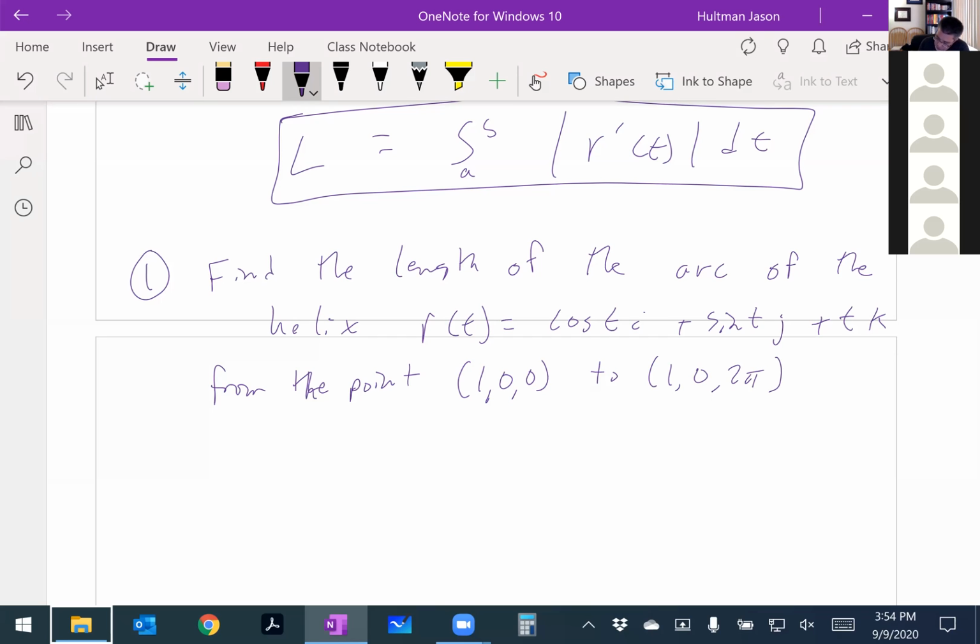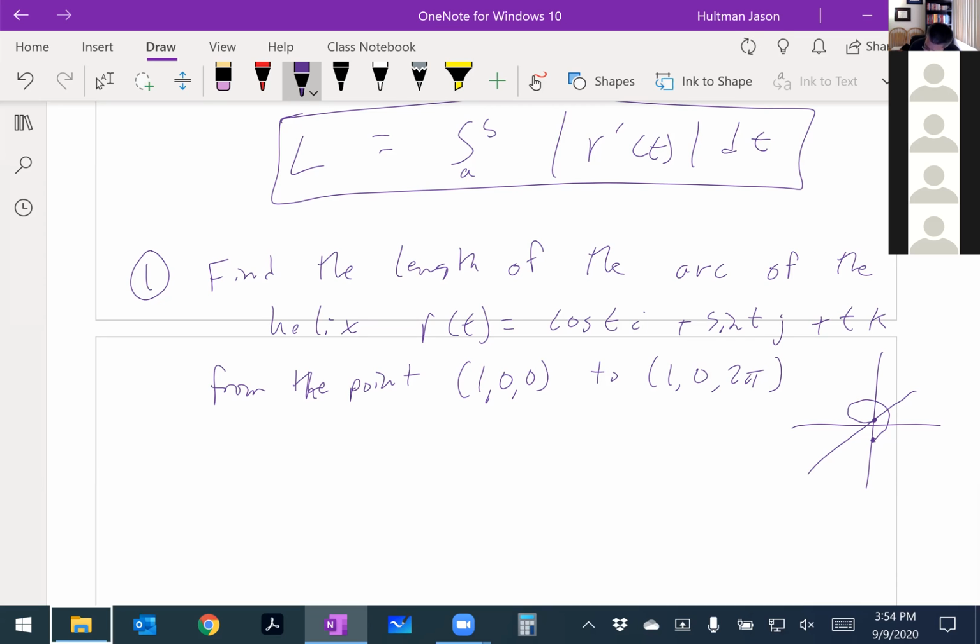So we have a helix from 1, 0, 0 to 1, 0, 2 pi. So that's just one rotation around. We went up 2 pi in the z direction. Say we're starting here and we're ending here.